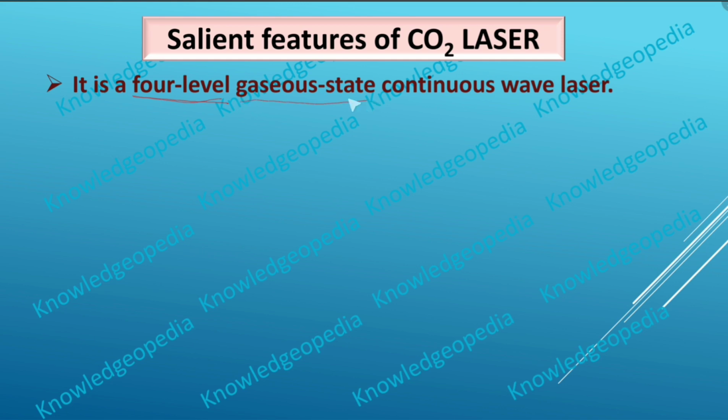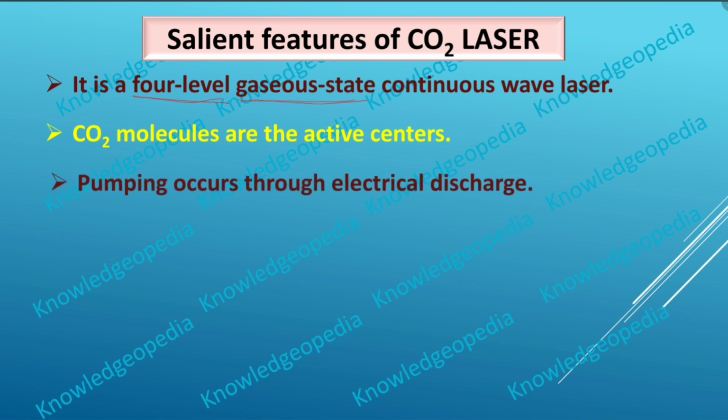Gaseous state, because here we are using a mixture of gases like helium, carbon dioxide and nitrogen as the medium of the laser. And the output we are getting is continuous in nature, so it is a continuous wave laser. The carbon dioxide molecules are the active centers. Here pumping occurs through electrical discharge.